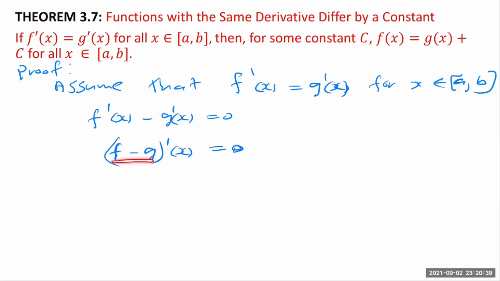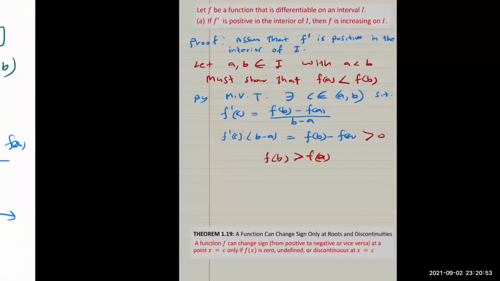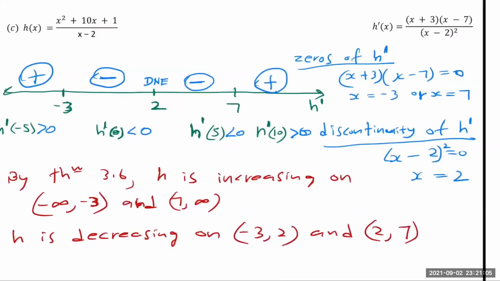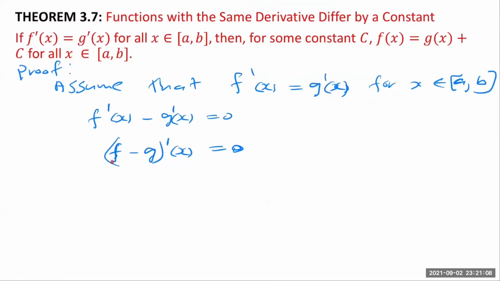That means the derivative of the function f minus g is equal to 0. If the derivative of a function is equal to 0 on an interval, that means by theorem 3.6, let's go back to theorem 3.6. If f prime is 0 in the interior of I, then f is a constant on I. That means if the derivative of f minus g is 0, then f of x minus g of x has to be equal to a constant.